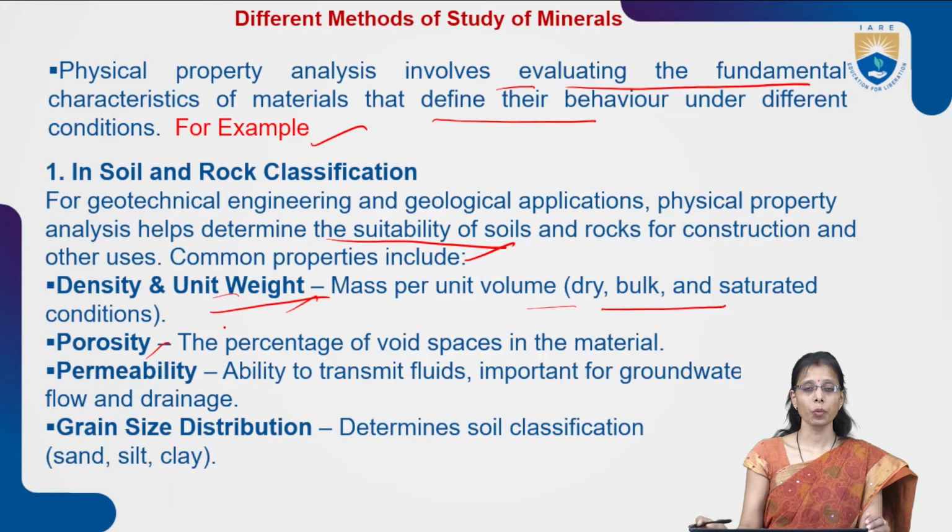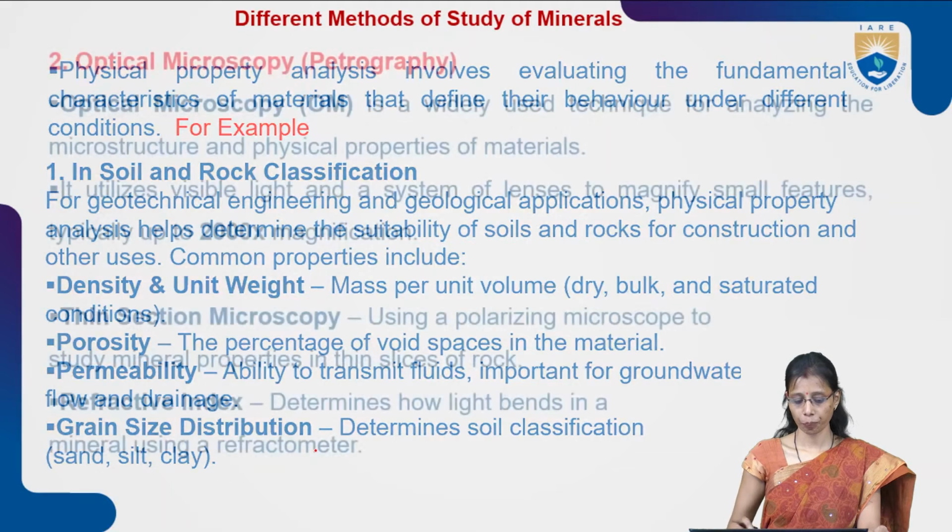Porosity is the percentage of voids, the spaces or gaps present in the material. Permeability is the ability to transmit fluids, important for groundwater flow and drainage. Grain size distribution determines the soil classification: sand, silt and clay.